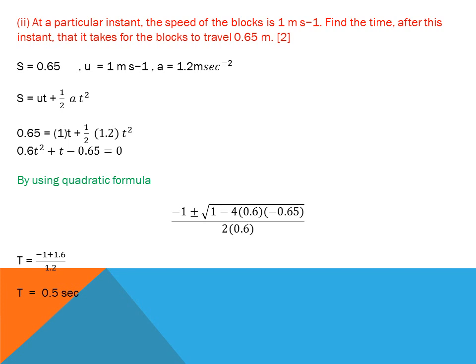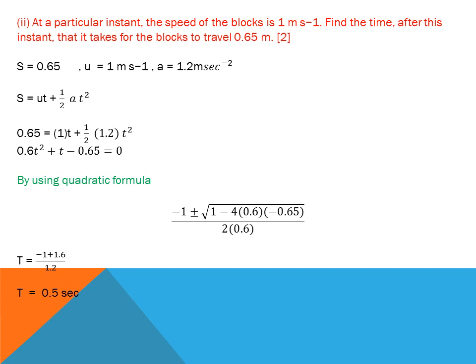Part 2 here is to find the time when the distance covered is 0.65 meters, the initial speed is 1 meter per second and the acceleration, which we found in the previous part, is 1.2 meters per second squared. Here I apply the equation of motion, s is equal to ut plus half at squared.